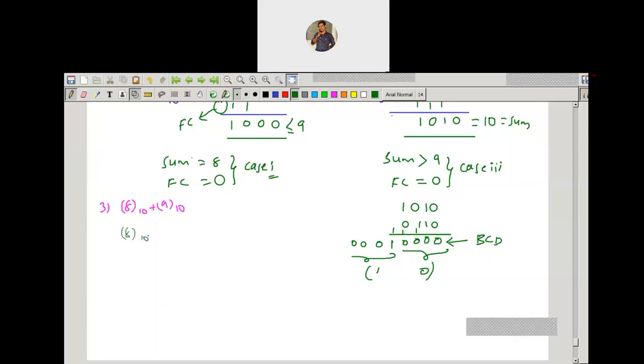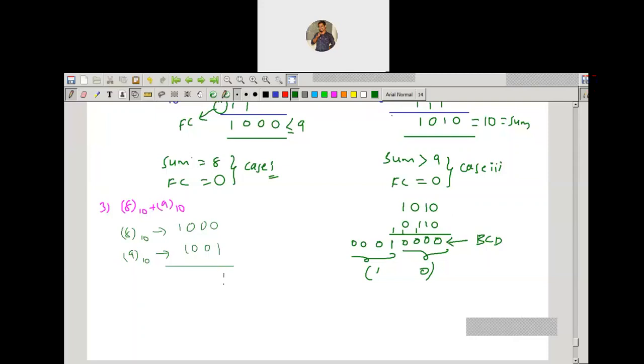So 8 is obviously 1000, and coming to 9, 1001. Obviously it is the BCD form only, right? So these are the BCD forms only. Let's move on to the addition.